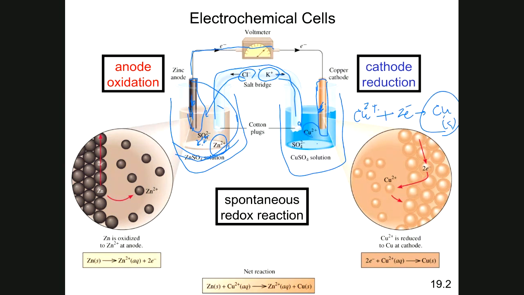So the salt bridge is going to help us maintain the charges in the two half reactions or in the two cells.